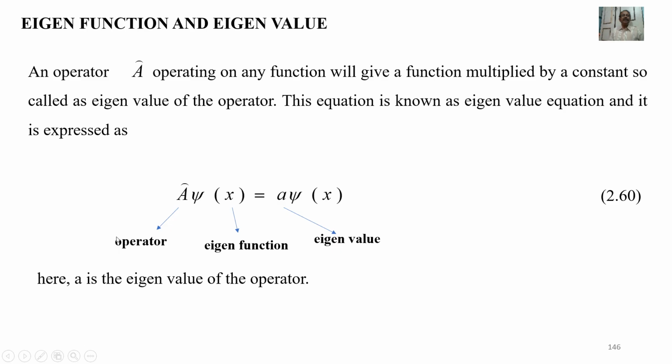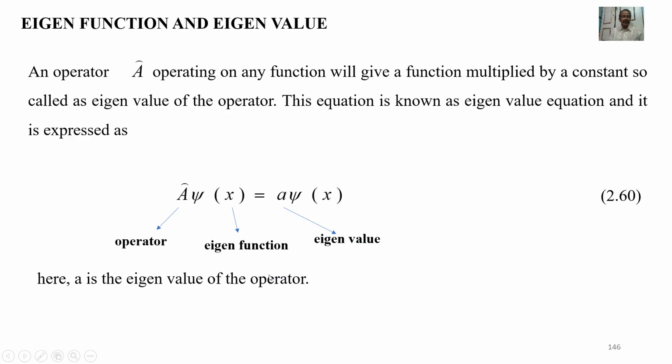Eigenfunction and eigenvalue. An operator A operating on a function gives the function multiplied by a constant, called the eigenvalue of the operator. This equation is known as the eigenvalue equation, and it is expressed as A operator operating on psi gives small a times psi. If the two functions are the same, then we call it the eigenfunction, and small a is the eigenvalue.